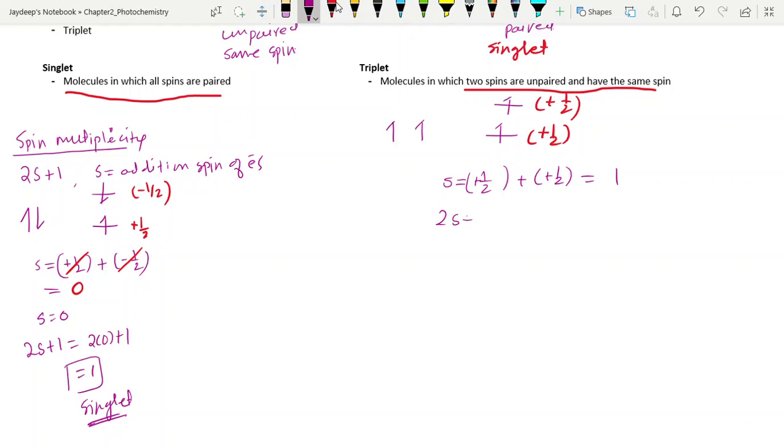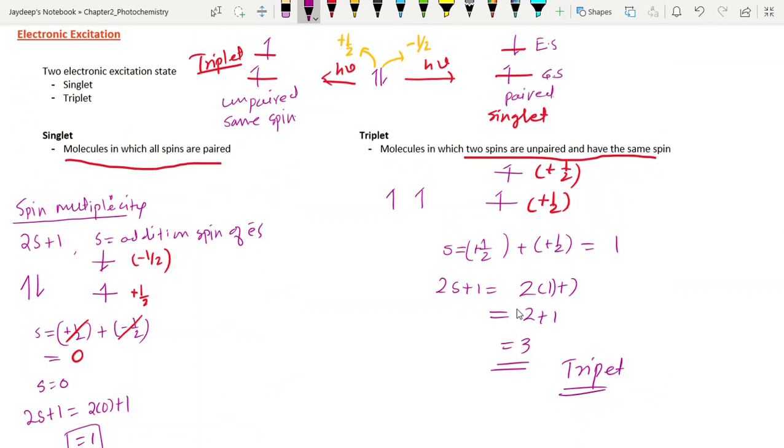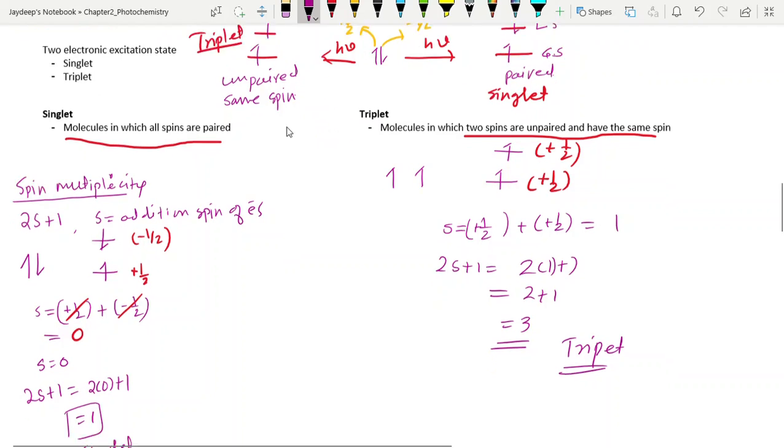So 2s plus 1 is equal to 2 into 1 plus 1, which is equal to 3. So the value 3 corresponds to the triplet. Whenever the value of spin multiplicity is 3, the state belongs to the triplet state. So this is related with the electronic excitation depending upon the spin, whether they are paired or unpaired. The electronic excitation is classified into singlet or triplet state.